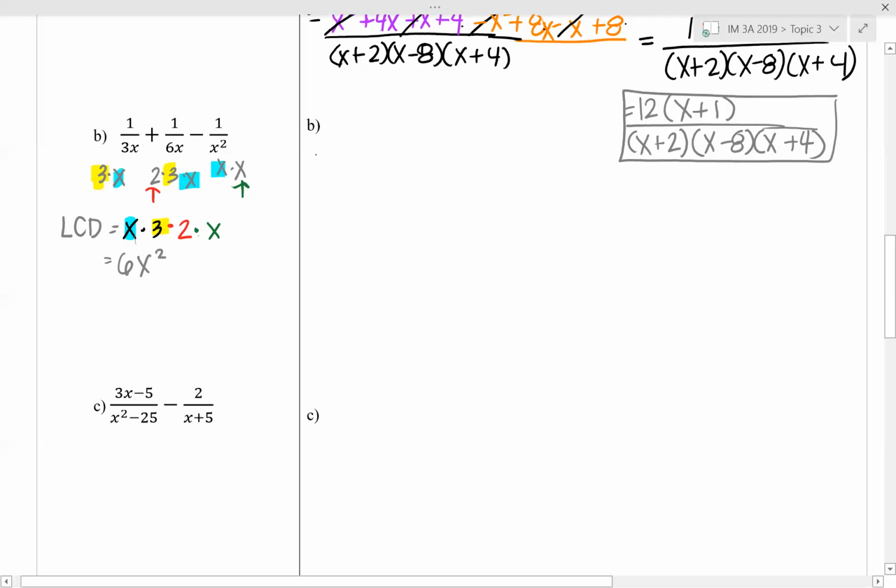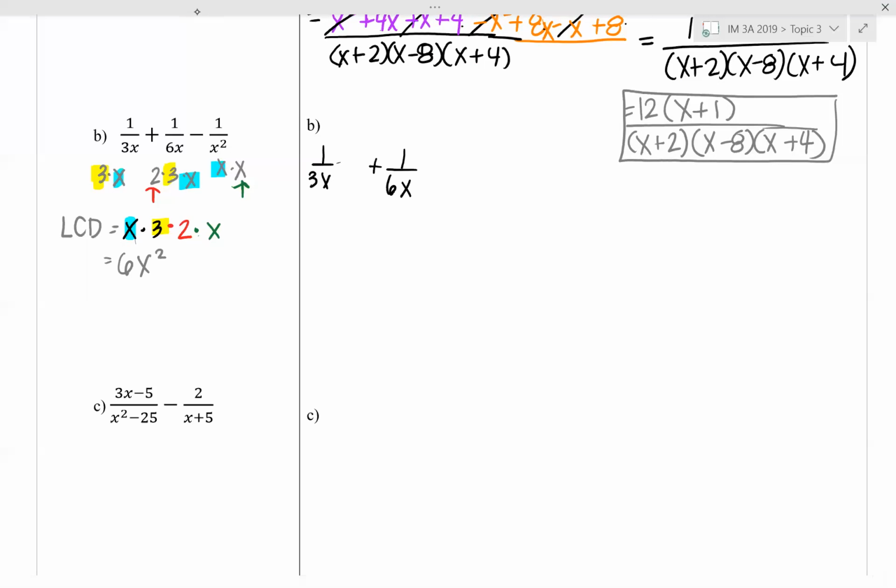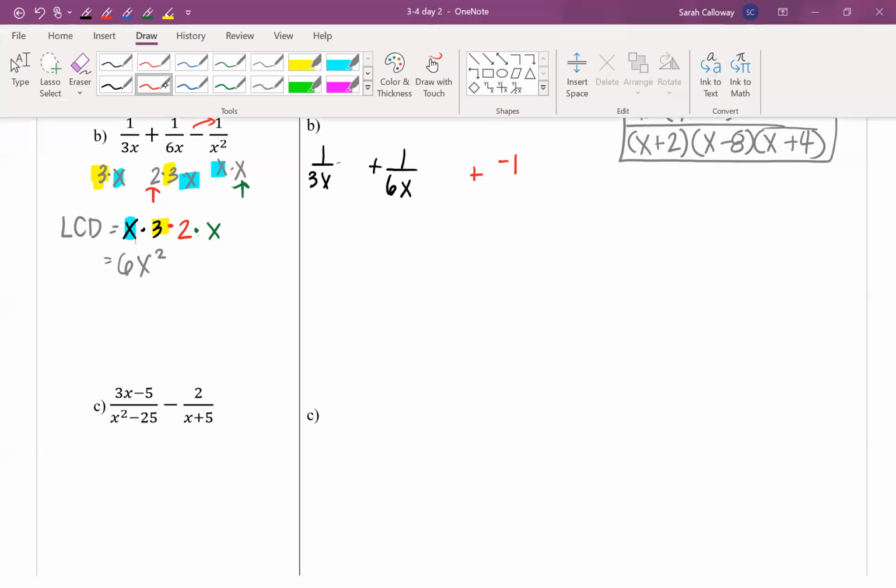So I have to think a little bit harder for these. So I'm going to copy down my problem and leave myself space on the right of each fraction to create my common denominator. For the last one, because I'm subtracting, remember that means that we want to change it to plus negative 1, still over x squared though.